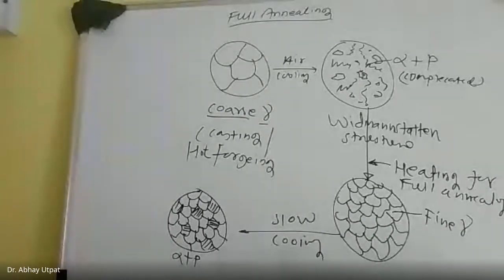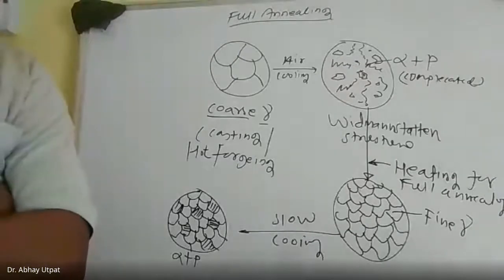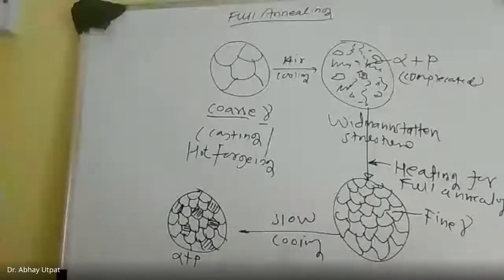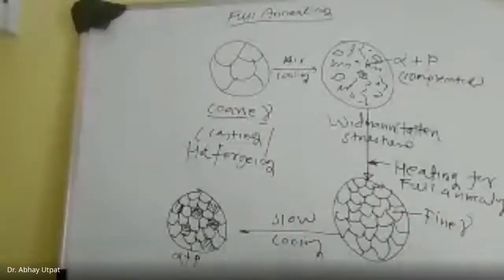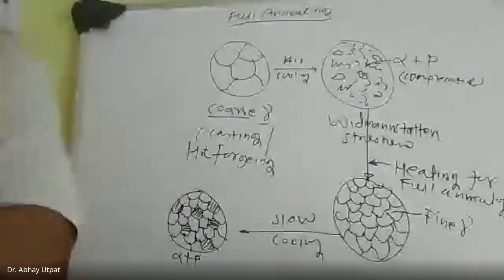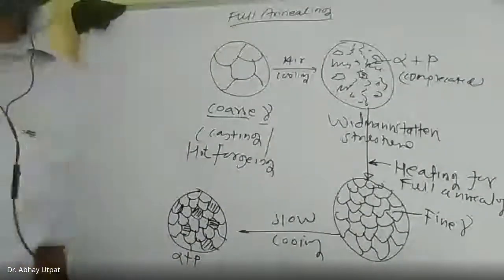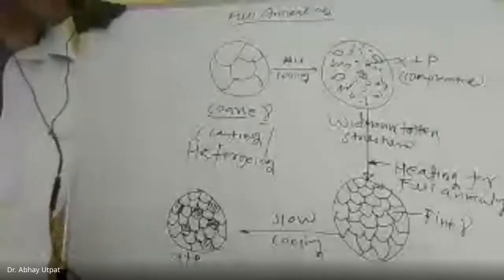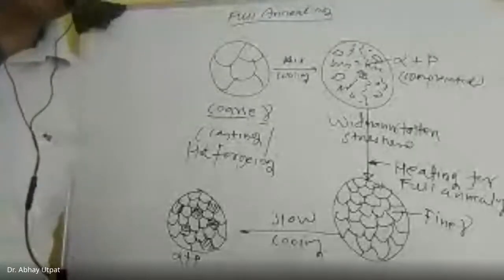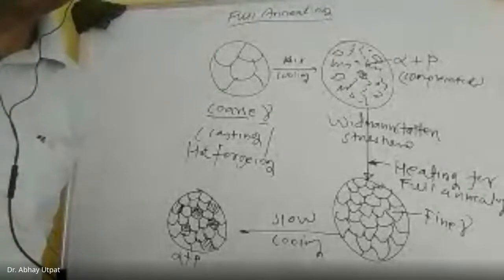Hardened and normalized steels can be made soft as per requirement by full annealing.